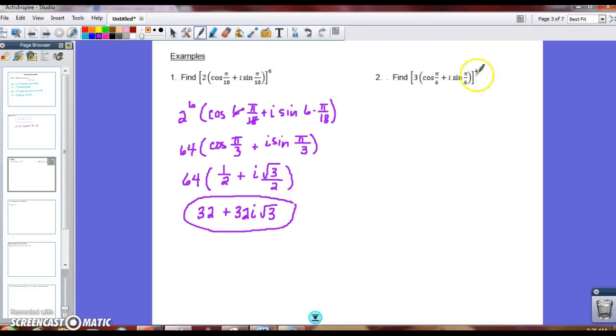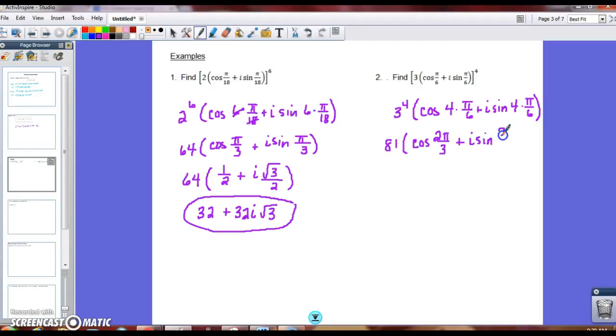If I go through that same process, I end up with 3 to the 4th times the cosine of 4 times pi over 6 plus i sine of 4 times pi over 6. So 3 to the 4th is 81. When I reduce that, I end up with cosine of 2 pi over 3 plus i sine of 2 pi over 3.